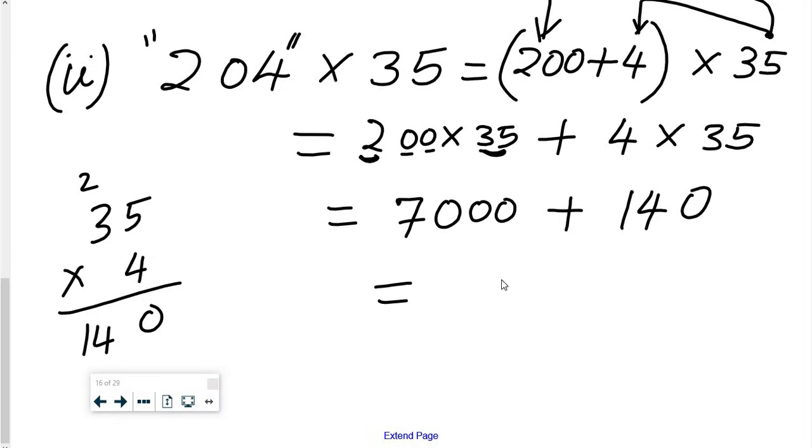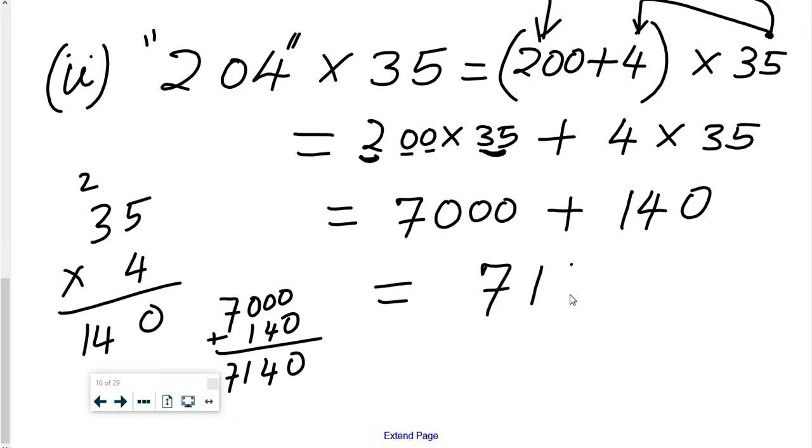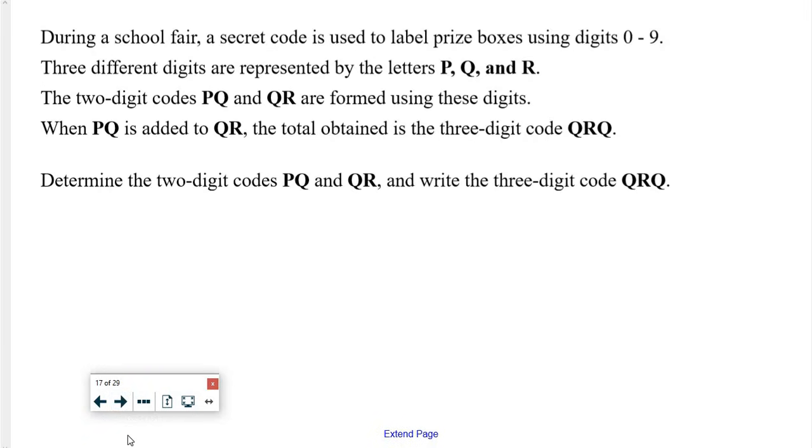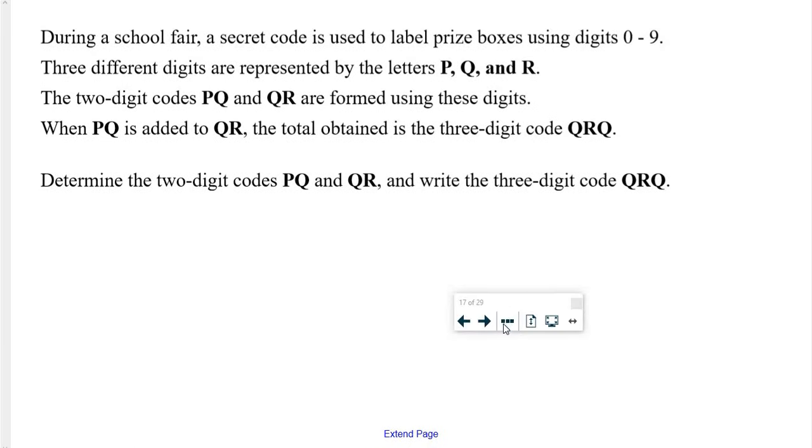When you add 140 here, 7, 0, 0, 0, 140. When you add, you're going to have 0, 4, 1, 7. So you will have 7,140. This is your final answer. Okay, next question.